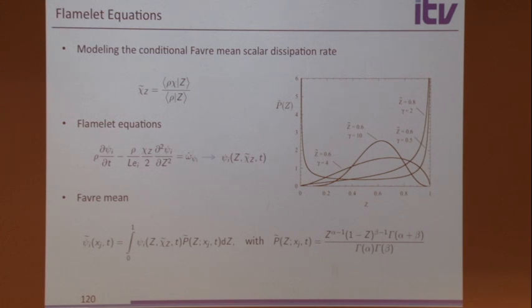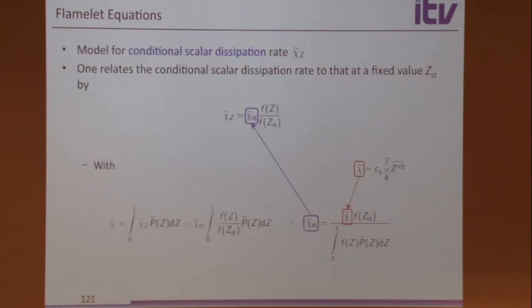Okay? Which means I can just solve these for any value of the dissipation rate, and I have all my solutions. I can do this before I do a CFD simulation, and be done with all the chemistry simulation before I even start a CFD calculation. Okay, so that makes it particularly easy.